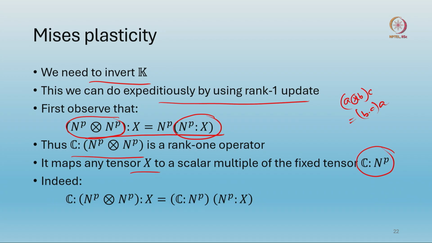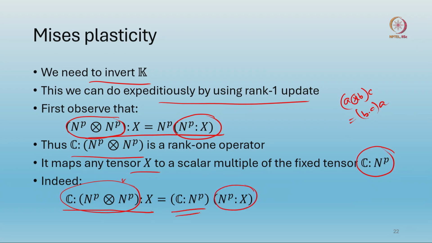So therefore we can also write this way. Okay. So just see that. So here we have essentially taking this as the action of this on x. Okay. When you take an inner product of this whole thing with x, then you get basically this is a scalar and this is a tensor.